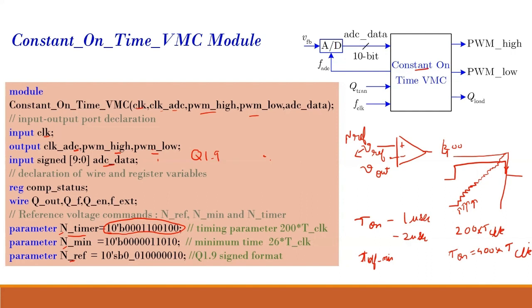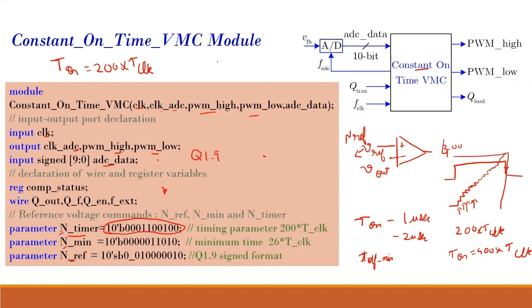Sir, how will the FPGA recognize that if you give 200 here, it will take an on time of 1 microsecond? In the program we are writing like this. Yes, understood, this is what I understand is your doubt. Assume over here T on is 200 into T clock.